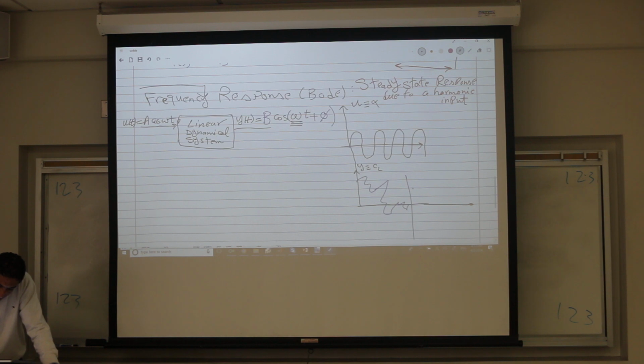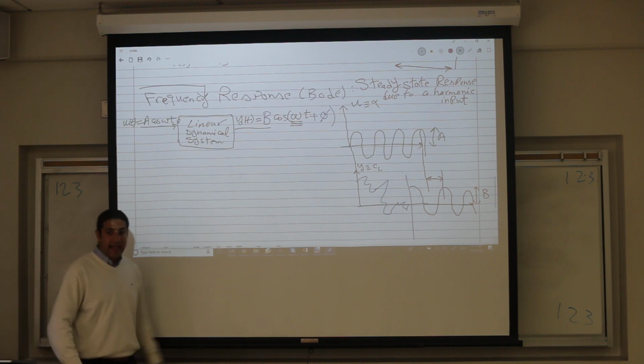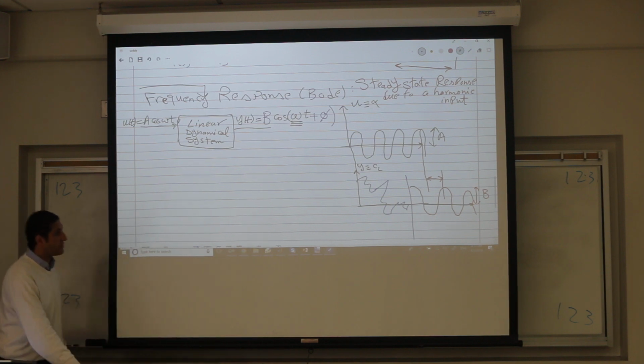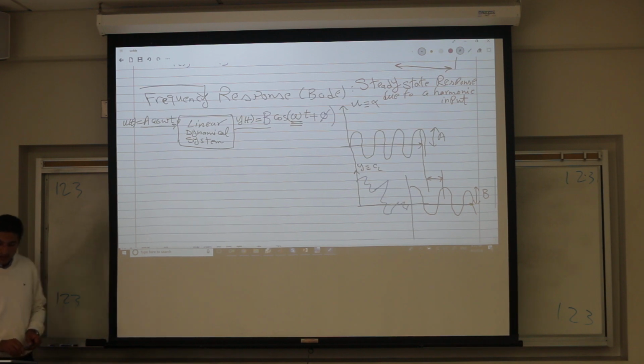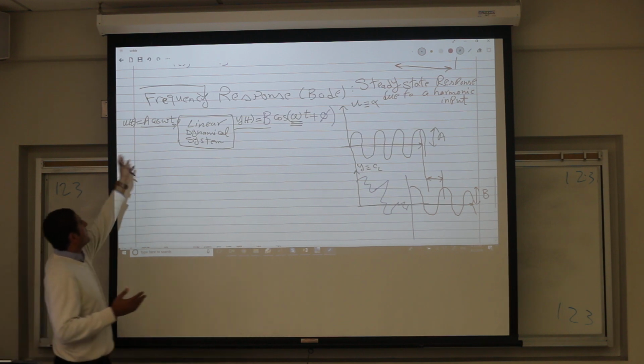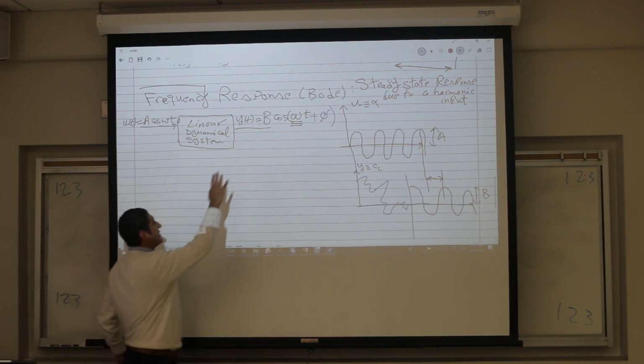So I will have a cosine waveform with a different amplitude. This is B, whereas this was A, and I will have a phase shift. So maybe this is peak and this is peak. This gives you the lag of your system, which is related to the phase shift. Okay, so I get my output to follow my input, but it's not exactly the same amplitude.